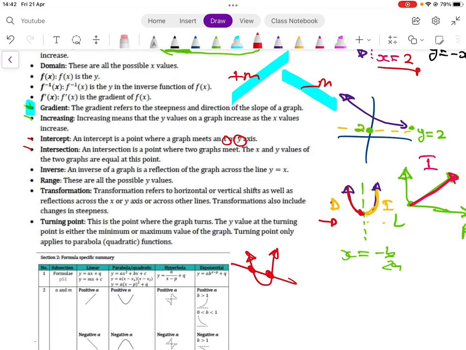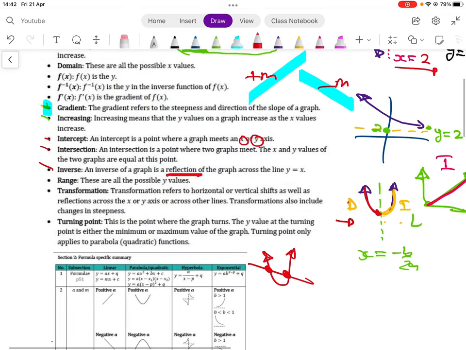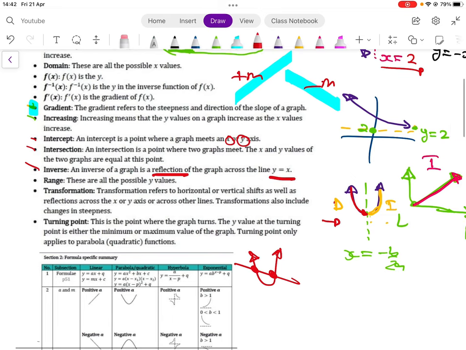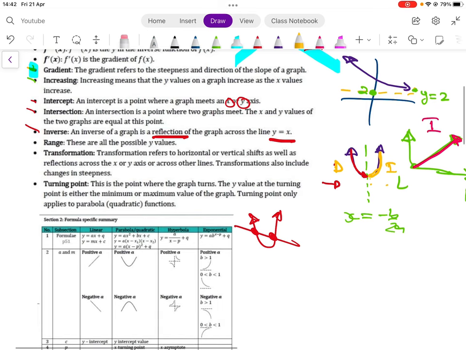Okay, we have the inverse of a function. Inverse of a function basically refers to what? It is actually the reflection of a graph across the line y equals x. Let me demonstrate that with a drawing.